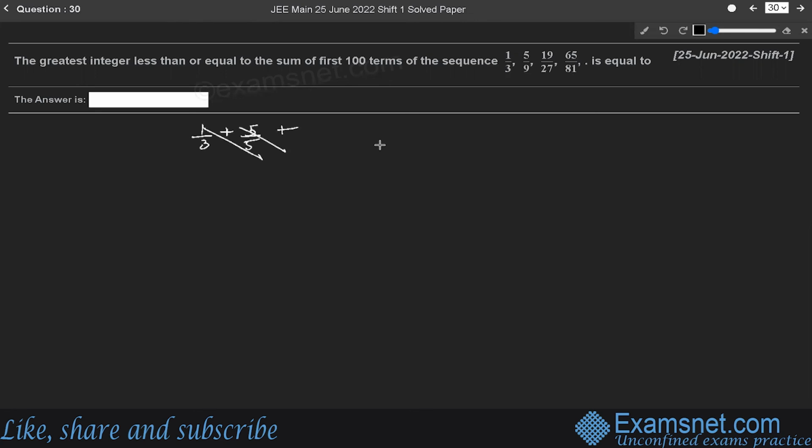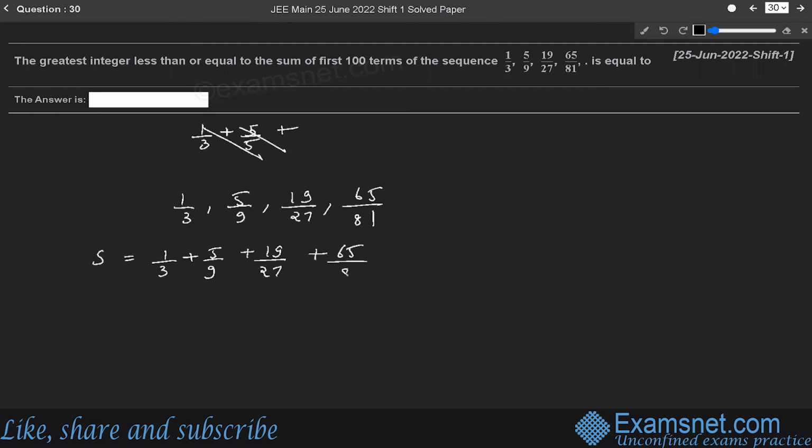Let us just write the sequence, which is 1 by 3, 5 by 9, 19 upon 27 and 65 upon 81. So we have to find the sum. So let the sum be equal to S. So the sum will be equal to 1 by 3 plus 5 by 9 plus 19 upon 27 plus 65 upon 81 plus so on.